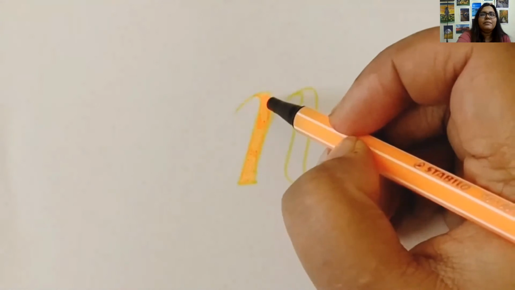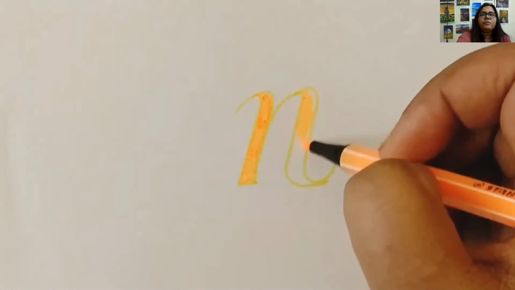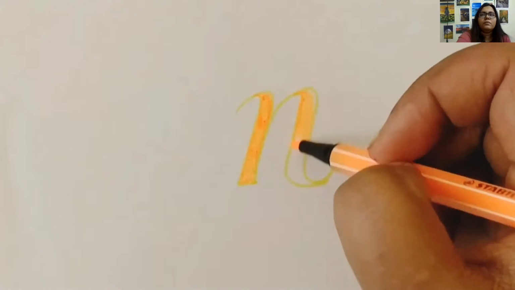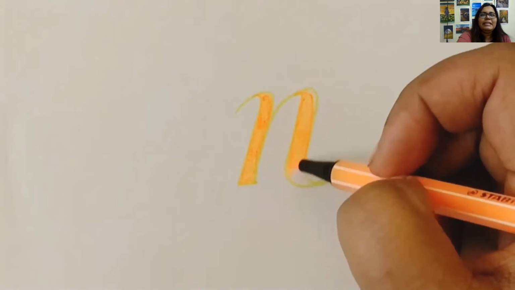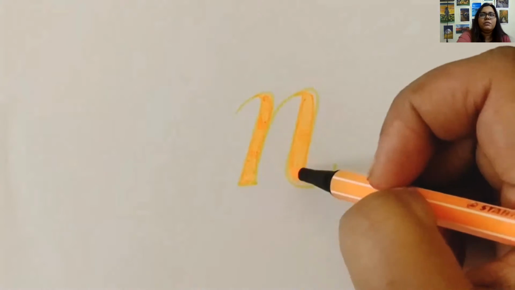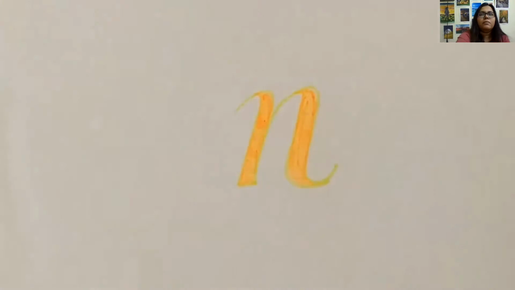Same here also. Just nicely darken up these portions. Everybody just get it done up to the orange color filling. So we first wrote our letter with yellow and then we filled it up with orange.